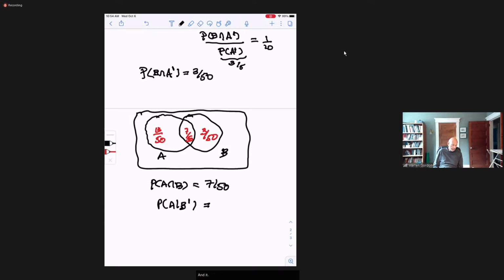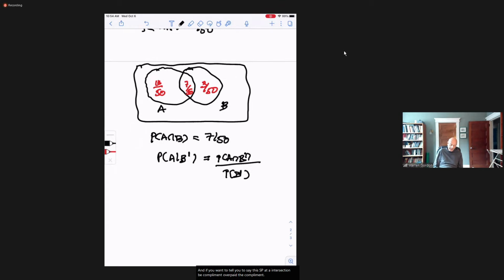And if you wanted to, you just say this is P of A intersection B complement over P of B complement. P of A intersection B complement is 13/50 divided by P of B complement, which is 40/50, which is 13/40.